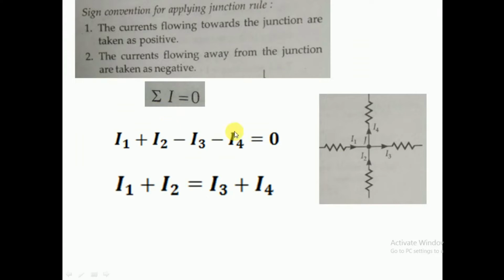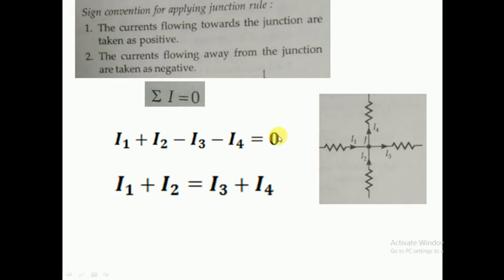In order to use this rule we have to use a sign convention, meaning a direction for the current. We consider current going towards the junction as positive and current going away from the junction as negative. Let's use the first definition, that the algebraic sum of currents is 0. I1 and I2 are entering, so they are positive, and I3 and I4 are leaving, so they are negative.